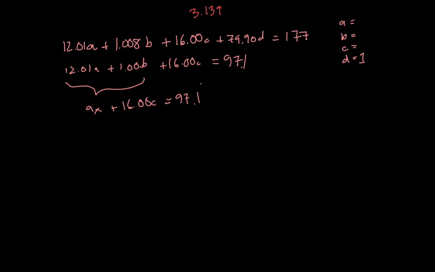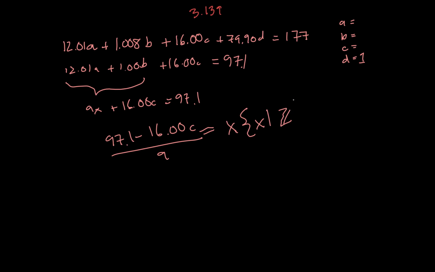What we want to find now is C such that if we subtract some multiple of 16, we're left with something that we can evenly divide by 9, right? This has to be such that x is an integer, like 1, 2, 3, whatever. It can't be a fraction, right?